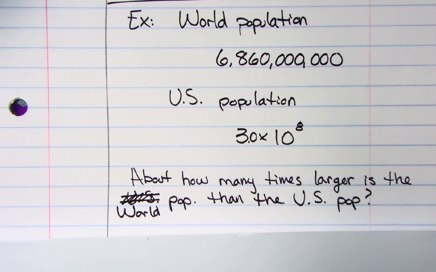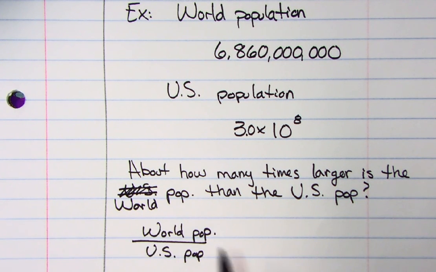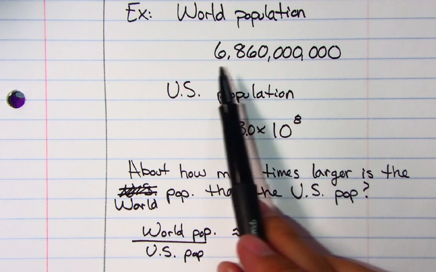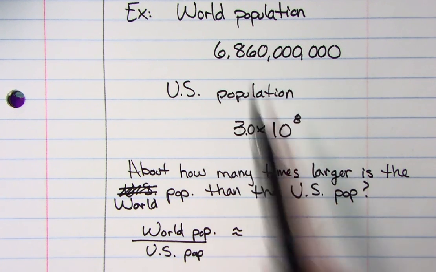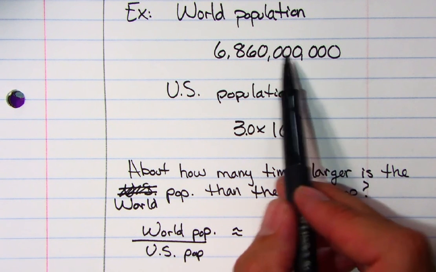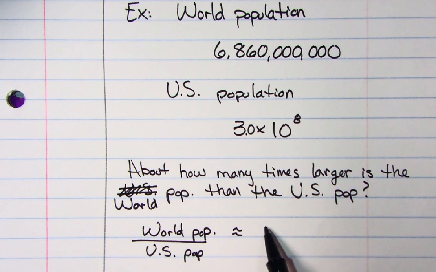I haven't figured that out. Well, we can take the world population and divide it by the U.S. population. So the world population, I'm going to round this. This is really close to rounding this up to, remember, it's not 100,000 million per billion. So I'm going to say it's approximately 7 billion.